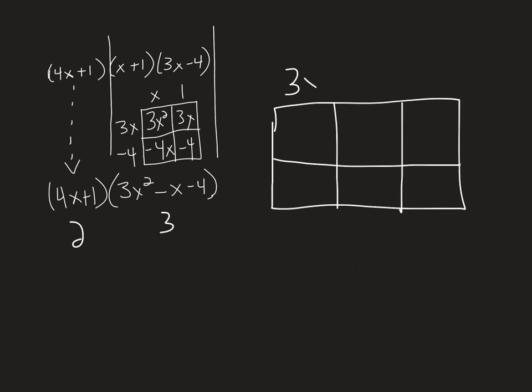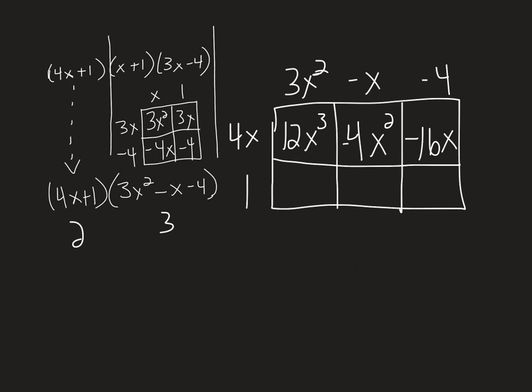So we would copy these up here, and we'd copy this one here. Do our multiplication. 3 times 4 is 12, and then x squared times x is x to the third. Negative 1 times 4 is negative 4. X times x is x squared. Negative 16x. 3x squared. Negative x.